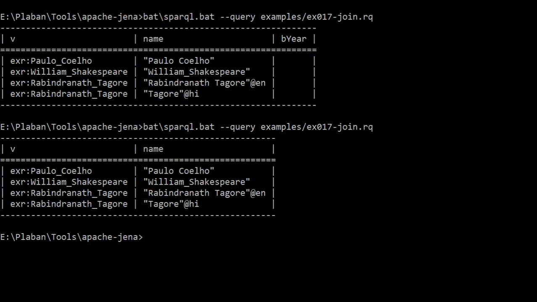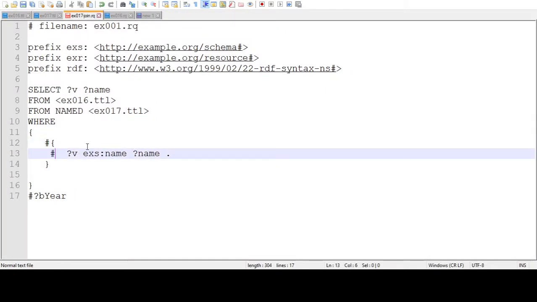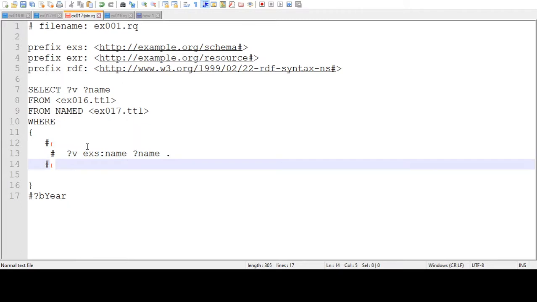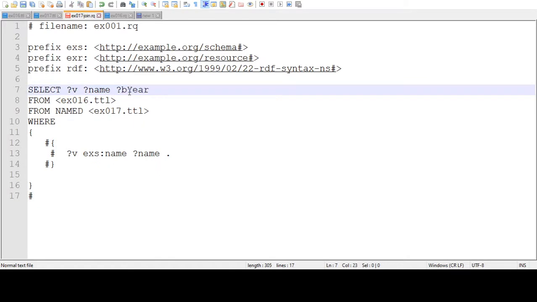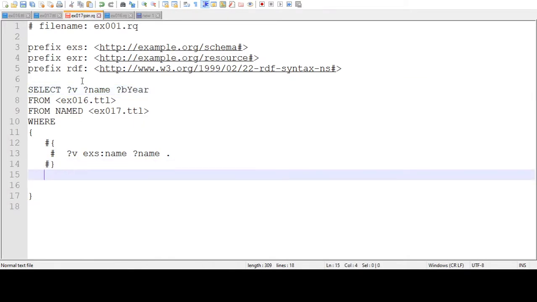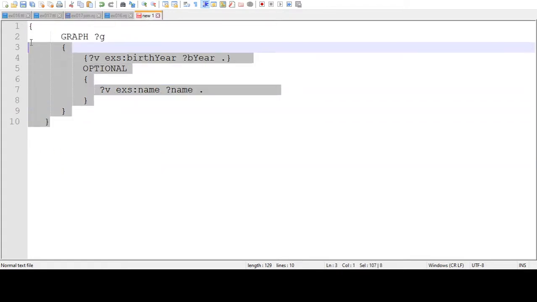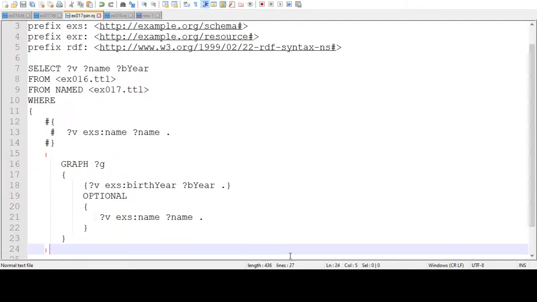So we are going to the data, we're commenting this out, and we are bringing back this birth year because we know that we have this in the second table, and bringing back the second group graph pattern, right? Now let us see what would be the result of executing the same query on the same data.